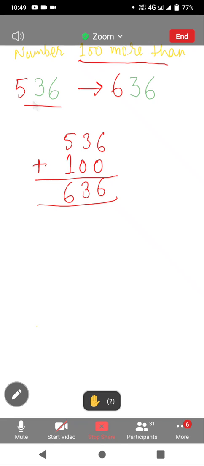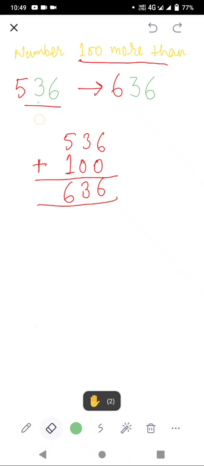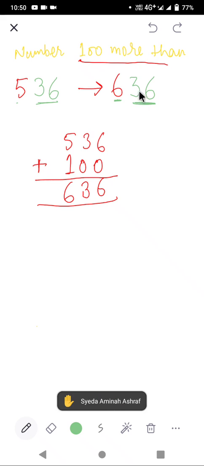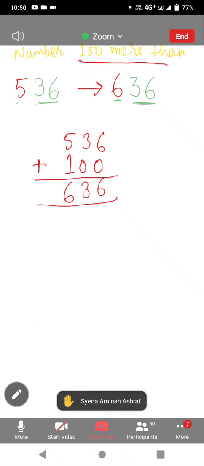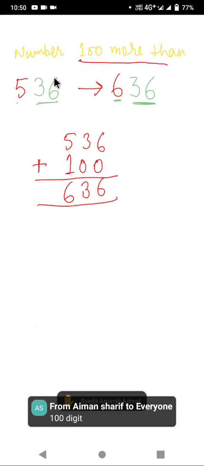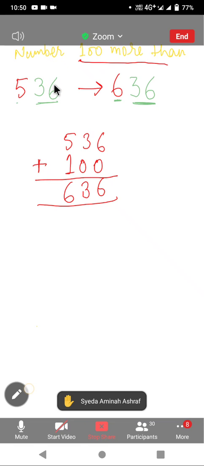So if you see, this is the first number 536. 5 is at hundreds place. And if you see this number, here we have 6 at the hundreds place, and the remaining two digits are same, 36, and in this number also we have 36. Means tens place and ones place do not change. When we find 100 more than, then the tens place and ones place digit will remain same.